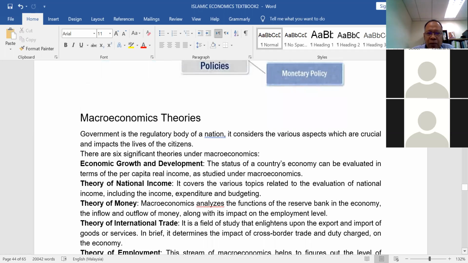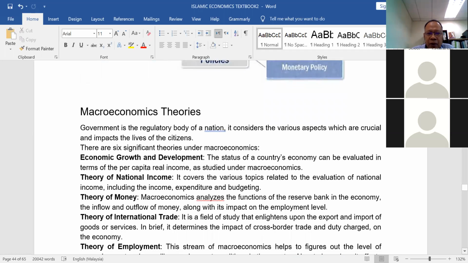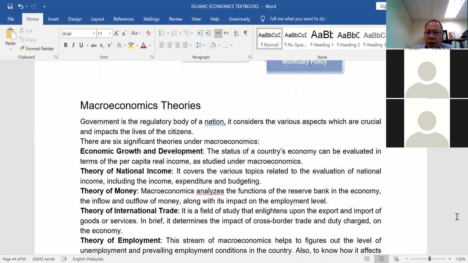Economic growth and development. Okay, so under this theory, we study the status of a country's economy in terms of income, such as per capita real income.